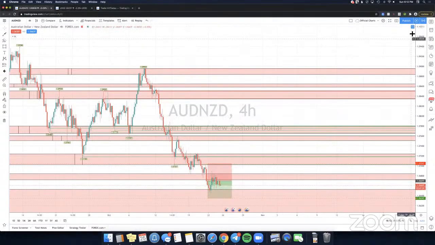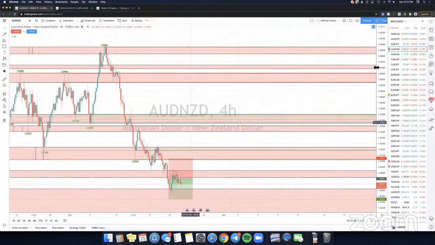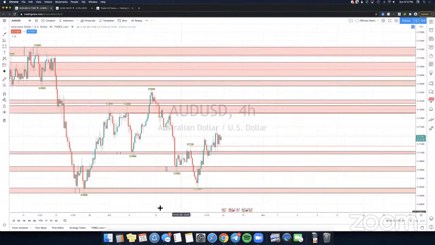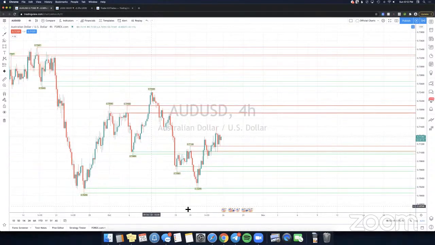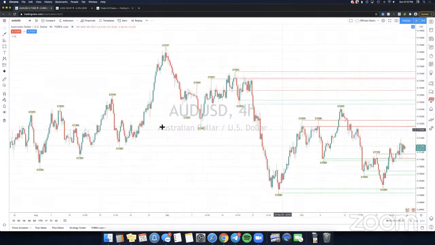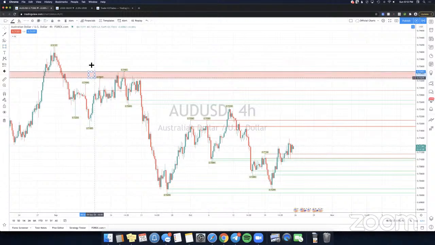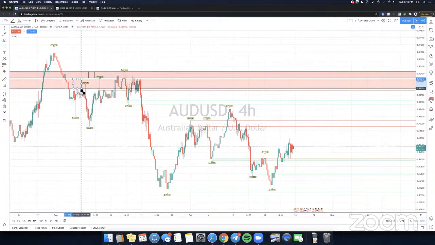But okay, so let's keep going down the list. So that's AUD-NZD right there. Next one's AUD-USD. So I'm just going to delete all these zones. Here we have a clean chart. I'm going to redraw these zones up for you guys. So we got that upper zone right there. Got this lower zone right here.